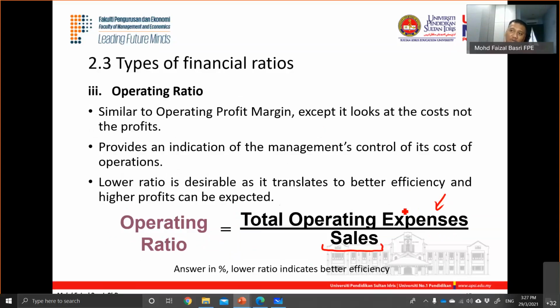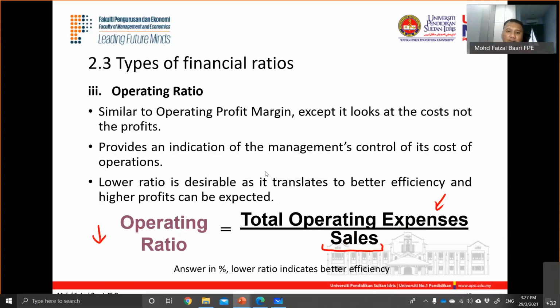In business, we want to generate as high income or high returns as possible. And obviously, the lower the expenses, the better, lower cost. So therefore, since we are measuring the expenses, we want to have a lower operating ratio. I have to put operating expenses ratio.